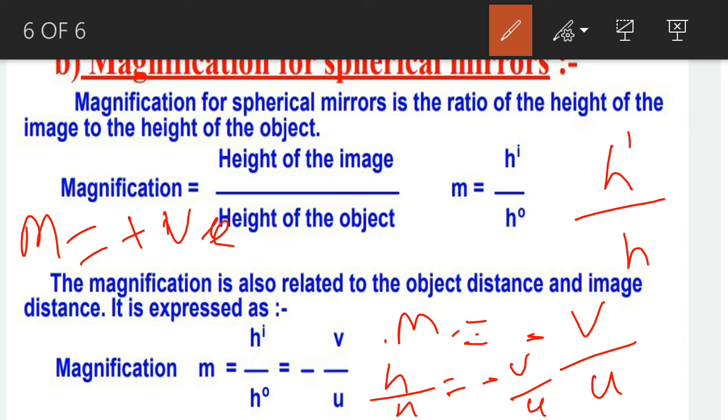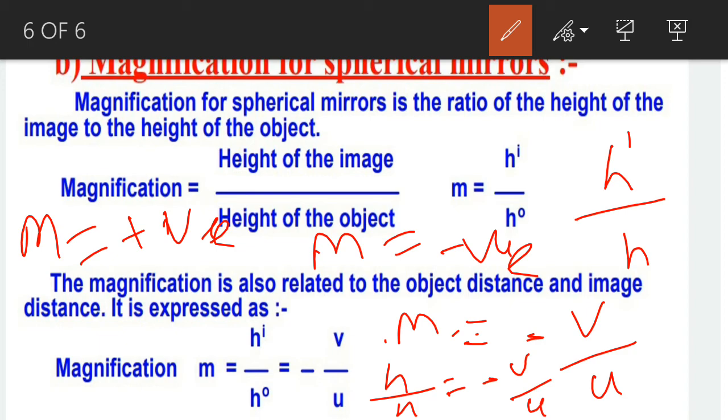In other words, the image is virtual and erect. If magnification is negative, then the image formed is real and inverted.